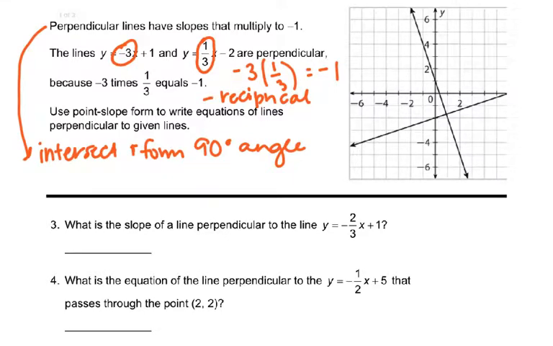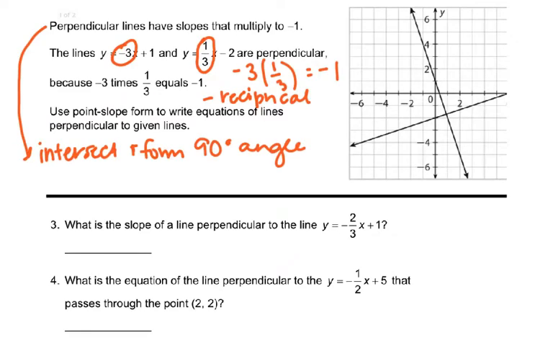Okay? So now we can just use point slope form just like we did with parallel lines, and pause this video at any point in time if you feel like I'm going too fast. But you can use point slope form to write equations of lines that are perpendicular to other lines. So let's think here. What is the slope of a line perpendicular to the line y equals -2/3 x plus 1? Well, let's think. You can do this a couple different ways.